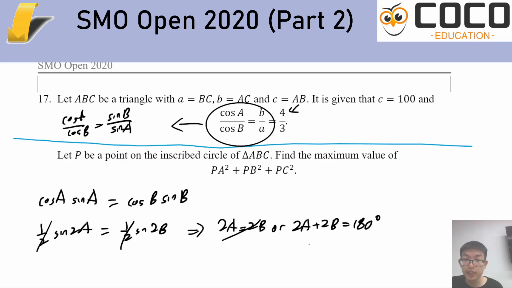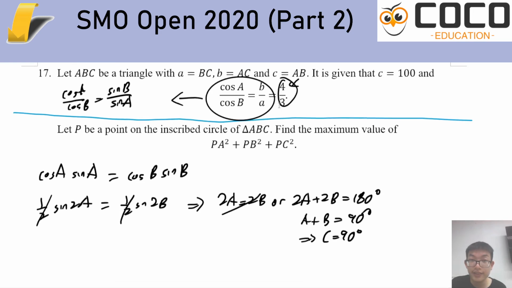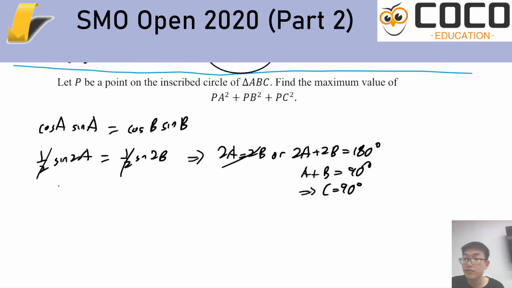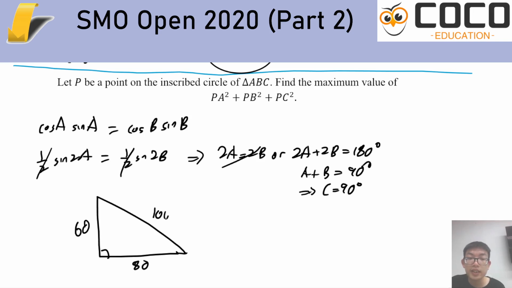So the conclusion is that A plus B is 90 degrees, and so C is 90 degrees, and in fact this is just a 3, 4, 5 triangle, with C being 100. All the same, it is just a 3, 4, 5 triangle. It's not 3, 4, 5, the ratio is 3, 4, 5, but 60, 80, 100, since that's the length of C.